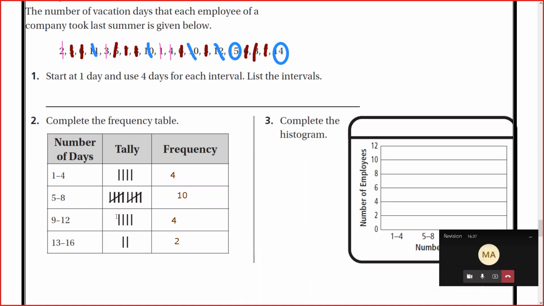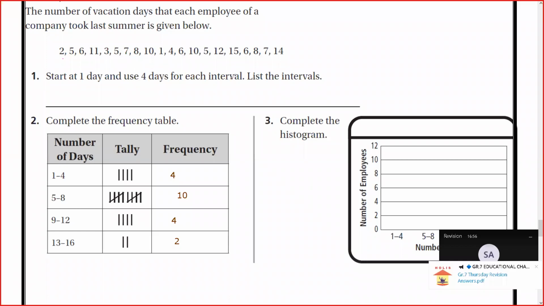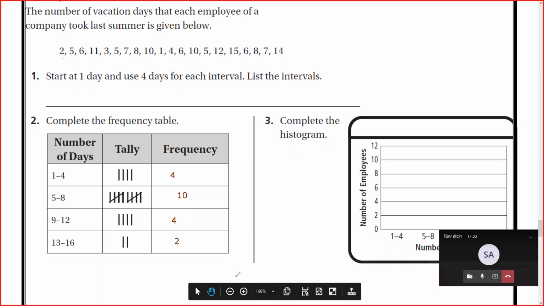I told you from 13, but here you have to count the numbers. Did you see the numbers here? We count them from 5 to 8. When we count them, we found that they are 10. Is it clear?